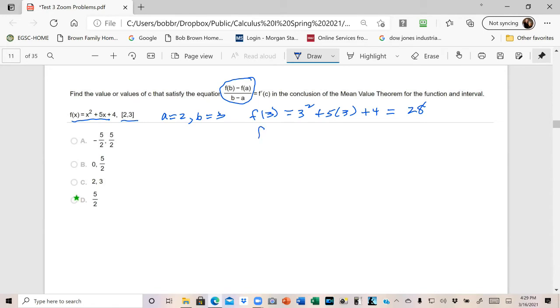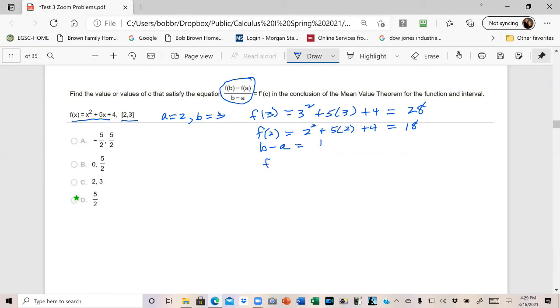Alpha of 2 is 2 squared plus 5 times 2 plus 4, equal to 18. And b minus a, of course, is equal to 1.